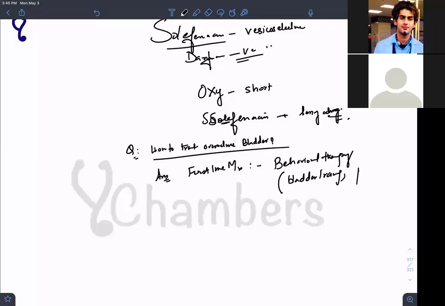You will tell him to do pelvic floor exercises. It's not that he has to do exercise on the floor. It's the pelvic floor, the anatomical floor of the pelvis. These you can tell them. That is the first line management. The second line management will be drugs, that you can use for overactive bladder. Is it clear?